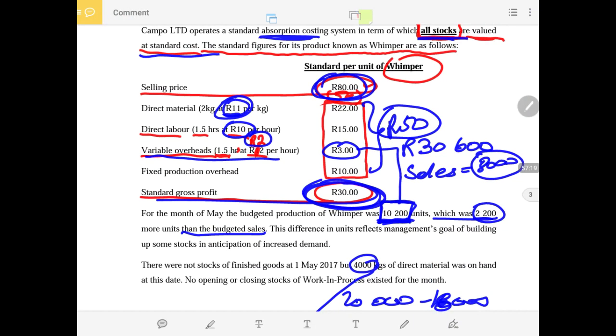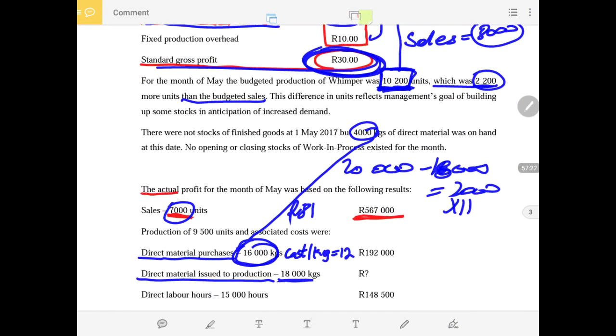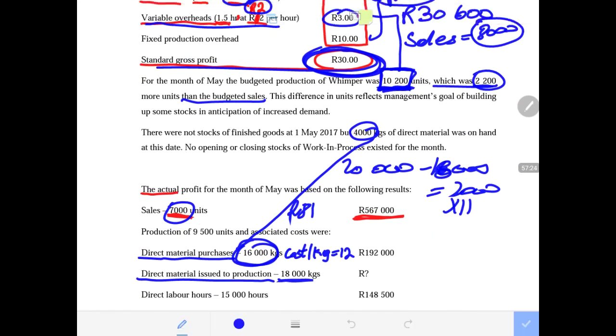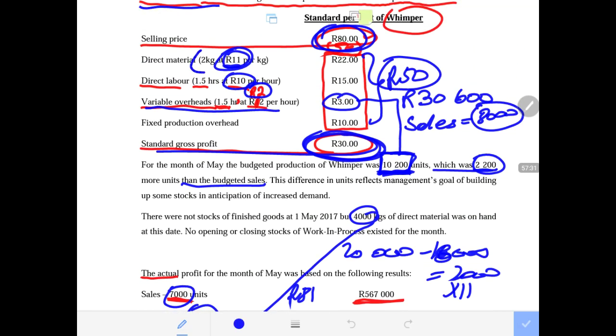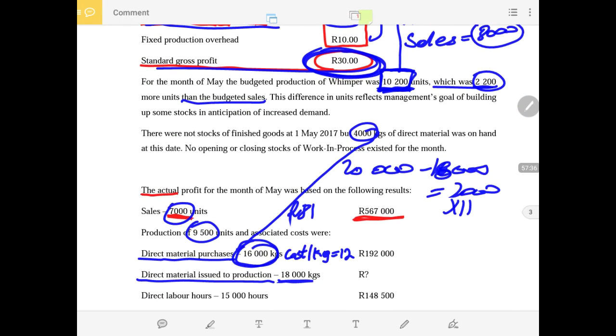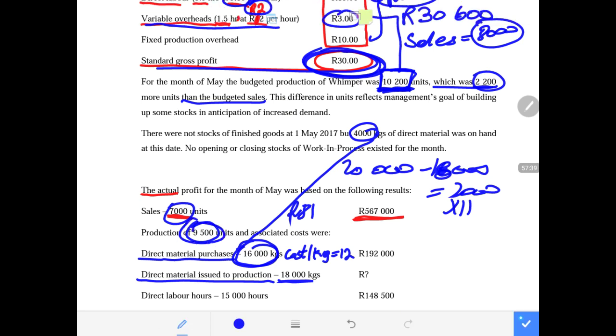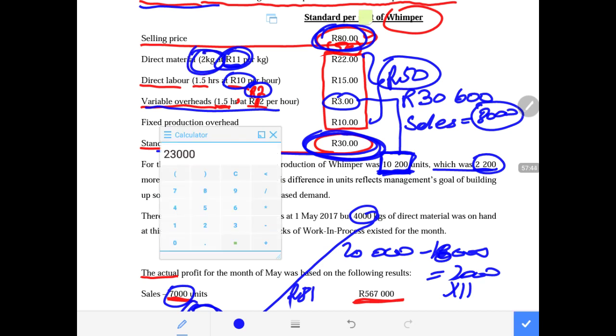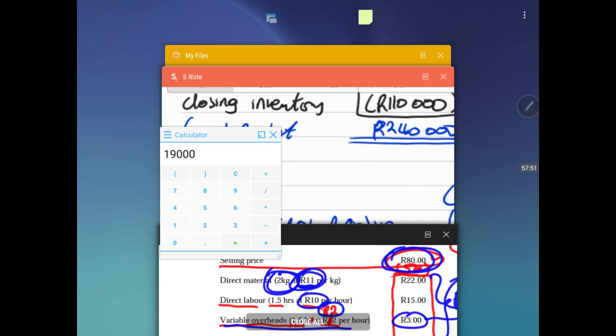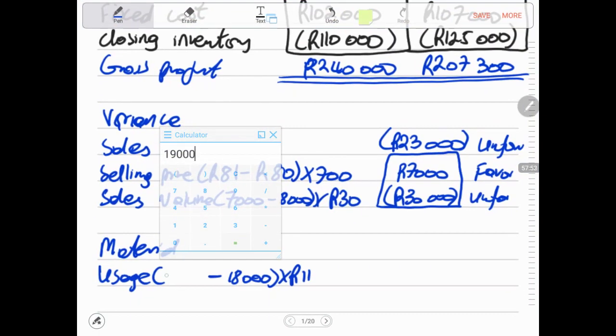My standard quantities will be the actual production of 9,500 times the standard kgs per unit, which is 2 kgs per unit. That will give me the standard material. 2 times 9,500 gives me the number of kgs that were supposed to be spent.